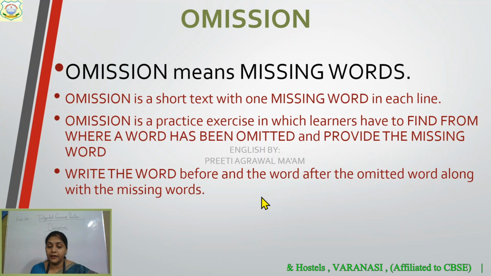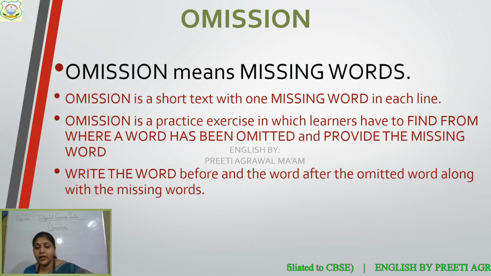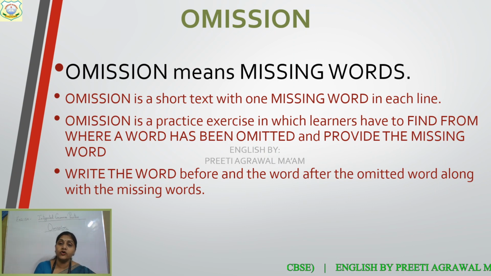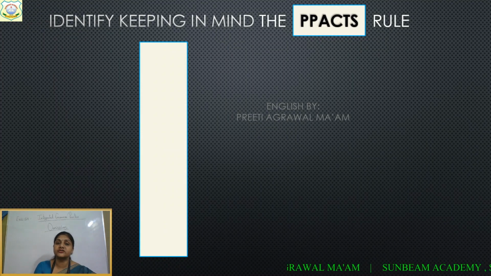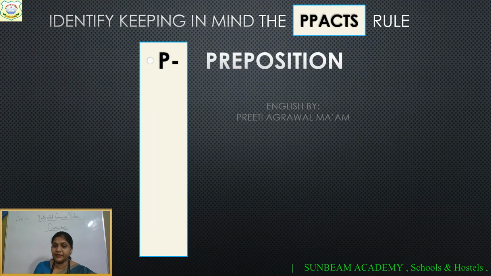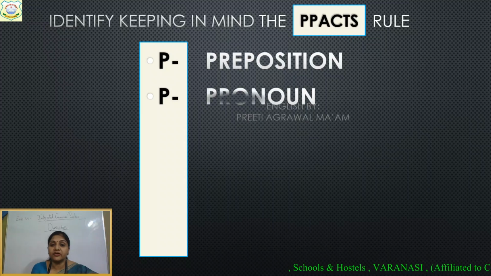We will see in our example how you will write. If you have not understood, right now I will give you the written example on the slide. But before that, let's again see the PPACTS rule. You remember this PPACTS rule? P was for preposition. I had given you the same rules in your editing also. Next P was for pronoun.